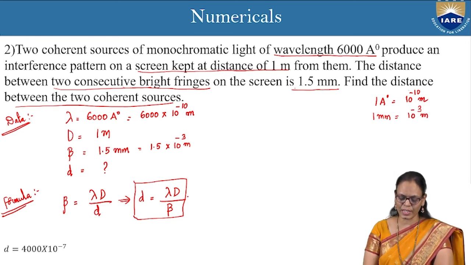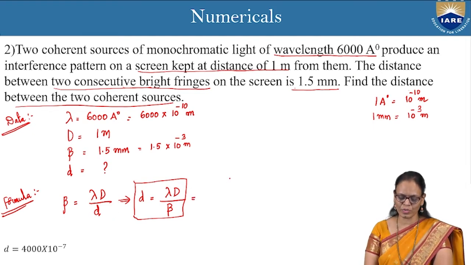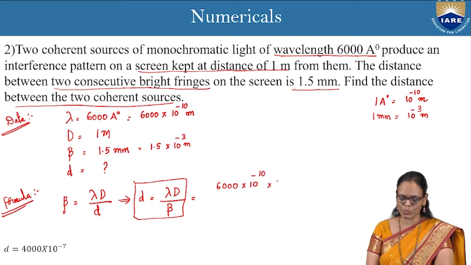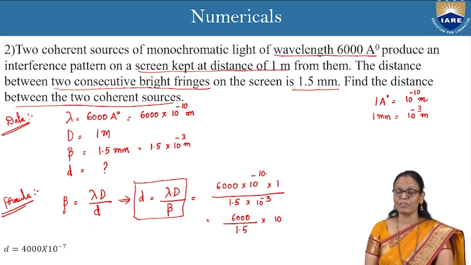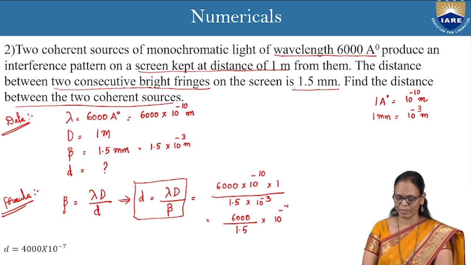So let us substitute the things in this formula. The third step is substitution. So how do we substitute? Lambda is 6000 into 10 power minus 10, into D which is 1, upon beta which is 1.5 into 10 power minus 3. So we can simply write this as 6000 divided by 1.5 into 10 power minus 10 plus 3, so it will be minus 7.